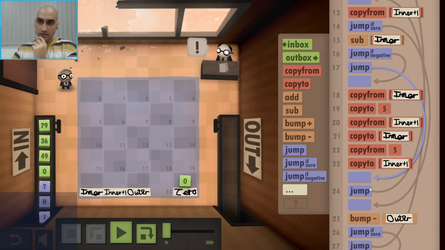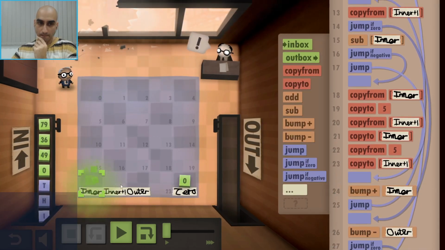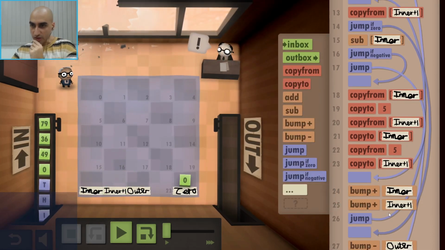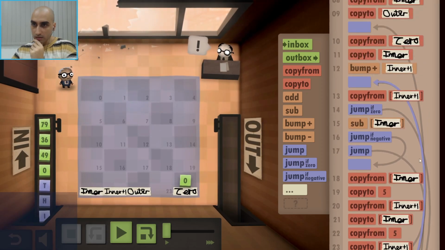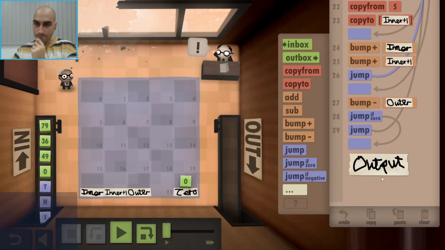Okay. Either way, whether we did the swap or not, we now have to bump inner, bump inner +1 to move on to the next. And then we jump here and do all of that again.